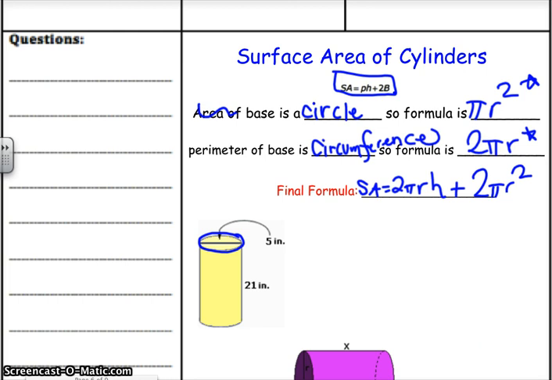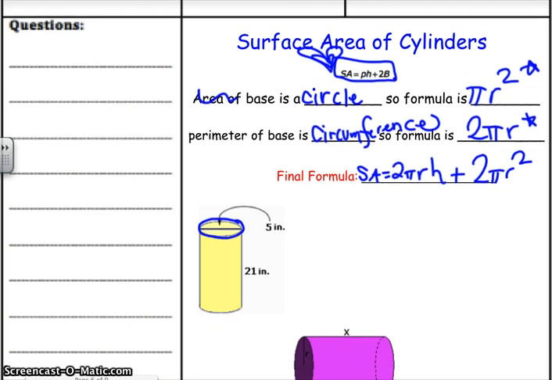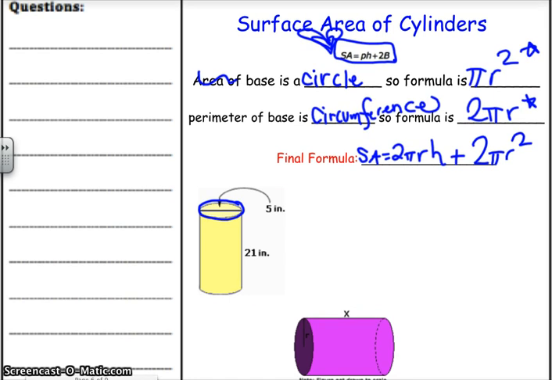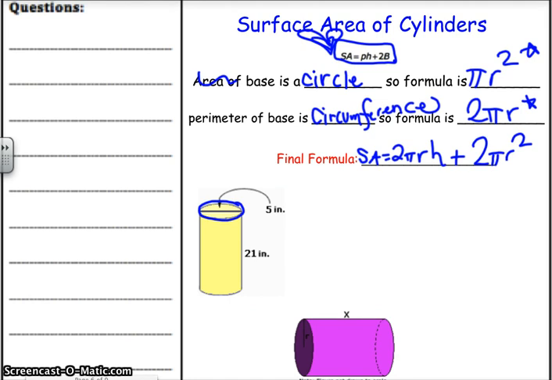So it looks intense, but all I did is take what I knew for the surface area formula, which you don't need to memorize. It will be given to you. And then I decomposed a circle, tore a circle apart, and developed it that way. So let's apply it.